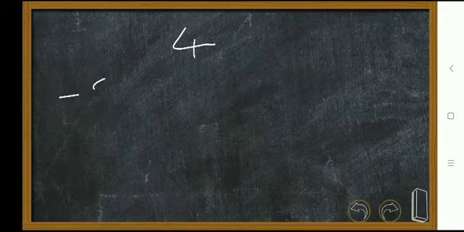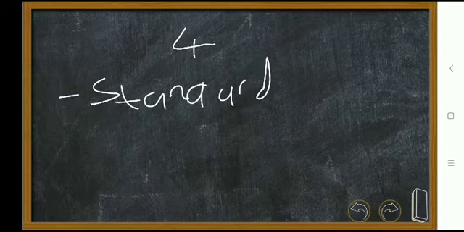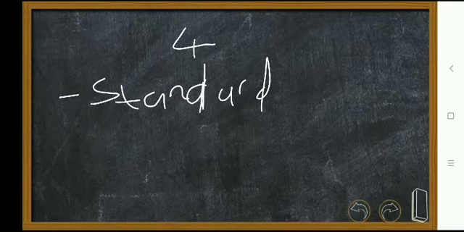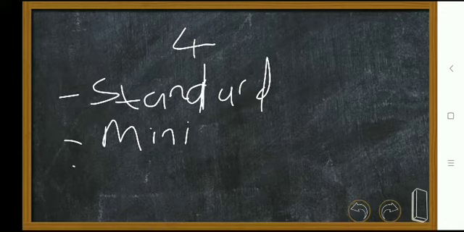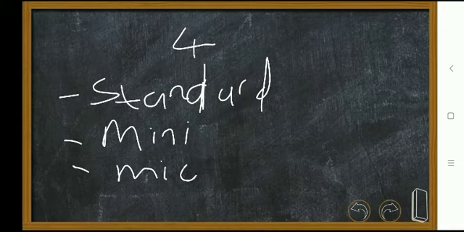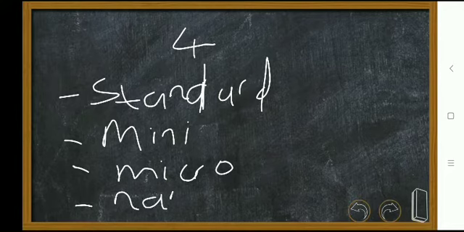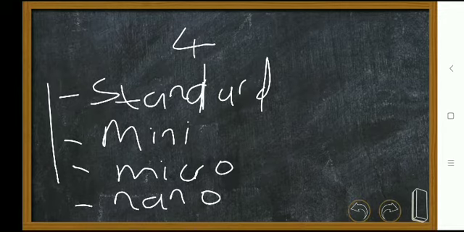The first one is the standard. The second one is the mini. The third one is the micro. In some cases, though I've never seen a broker offering this one, there's a nano.